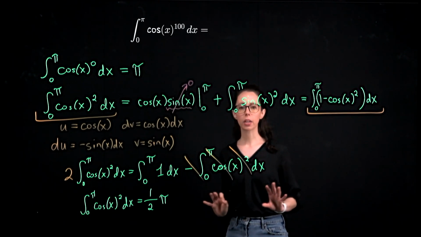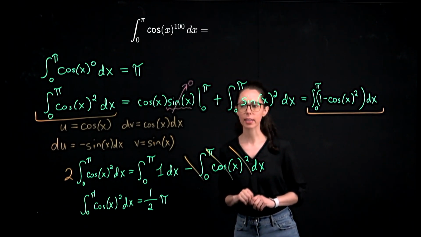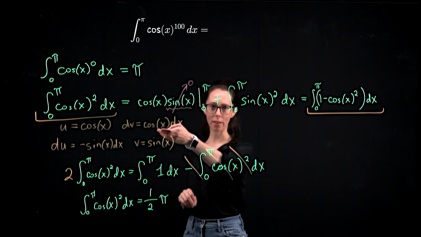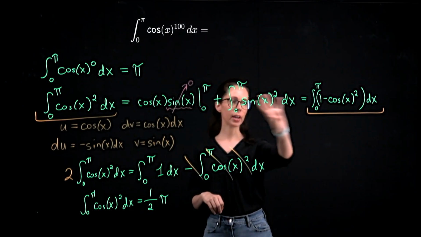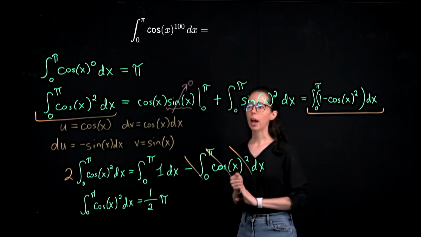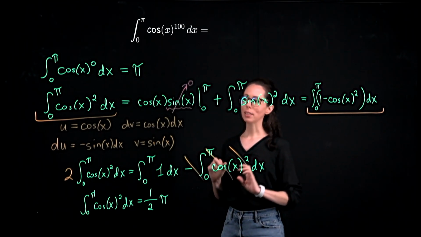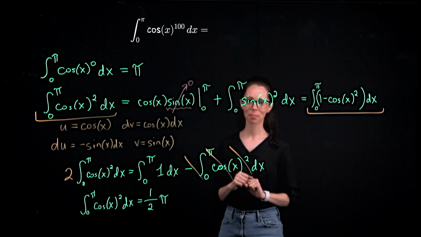So set up the integration by parts where u is cosine cubed and dv is cosine of x dx. So it's the same expression that we have here. And then set up the right-hand side and try to take it as far as you can. You might be able to get all the way to the end, but I will come back and show you how to repeat this procedure, replacing the 2nd power with the 4th power.